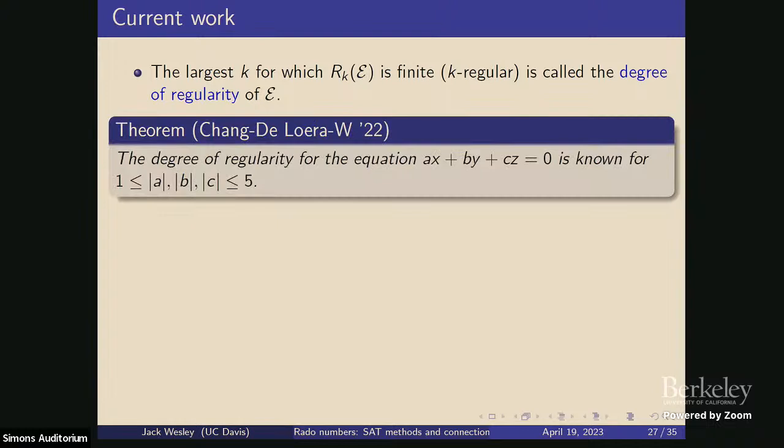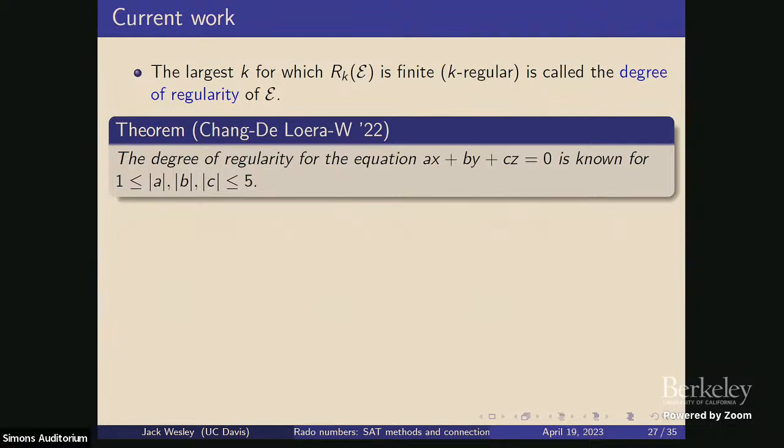We were able to get the degree of regularity for a small number of equations, and prove some other results that determine the degree of regularity for families where some of A, B, and C are set equal to each other. But this is generally very poorly understood.